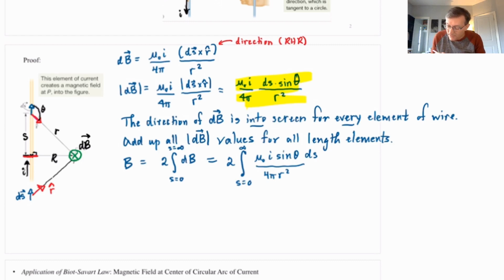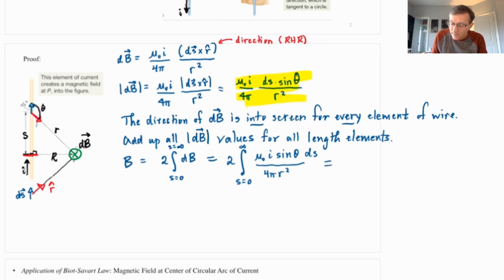All right, now let's do a little bit of simplifying. Let's bring the constants out front, things that are the same for every little element: mu 0, I, 4, pi. That's it. Because as I move along the wire with little ds's, the r is changing and the theta is changing.